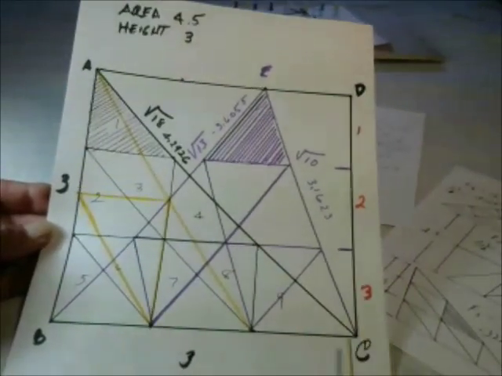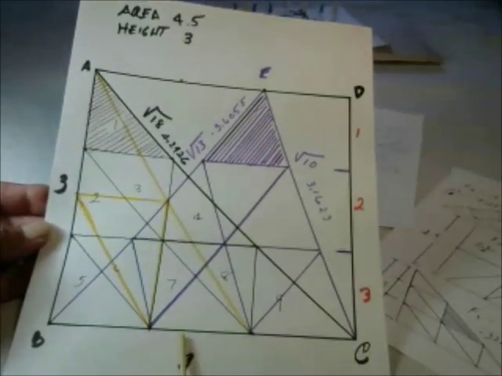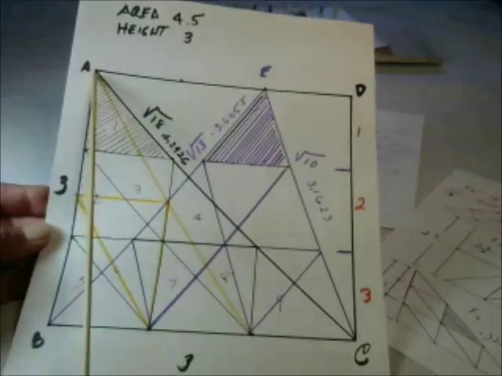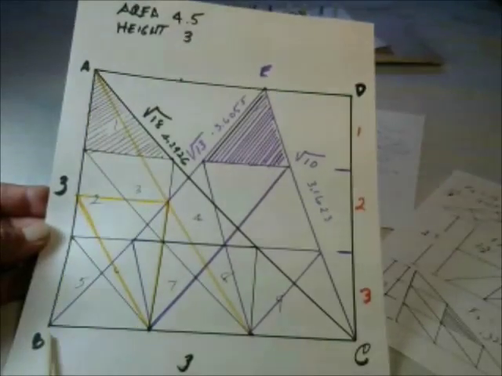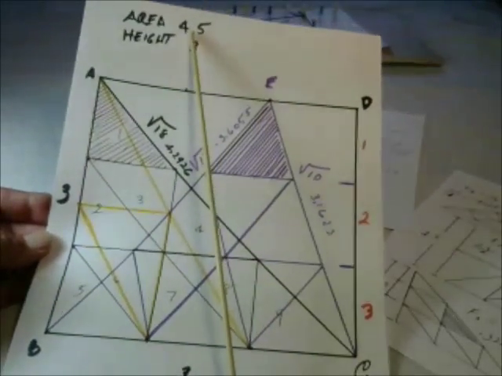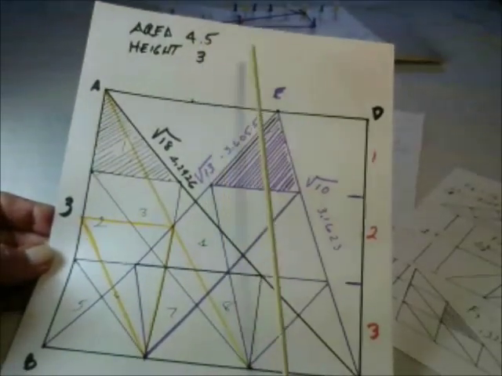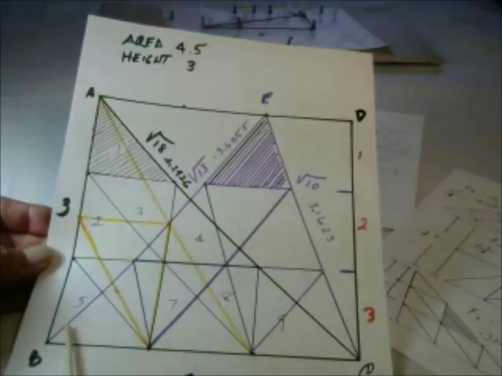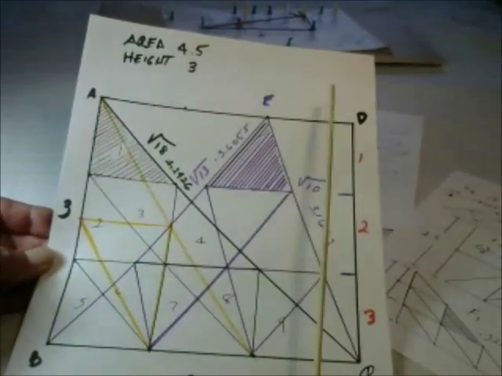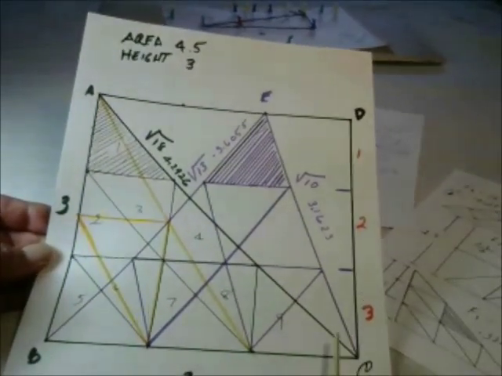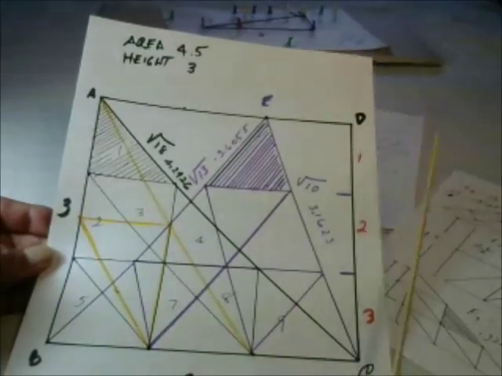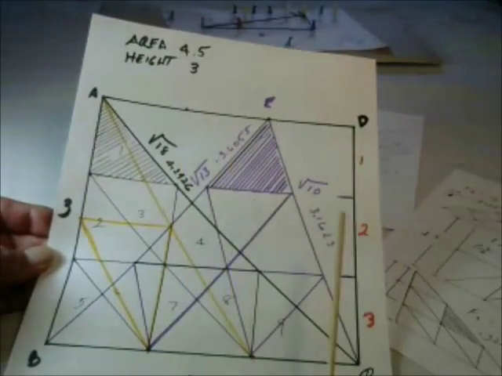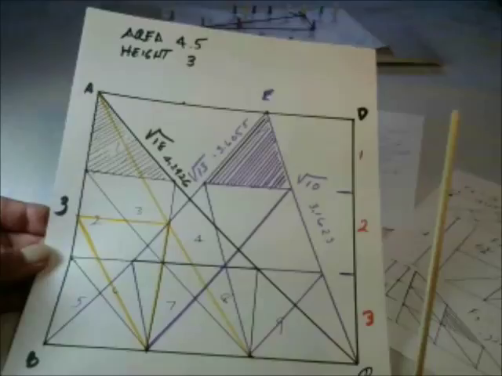So we know that the area is base times 1/2 of the height, which gives us an area of 4.5. If you want to think in terms of squares, it's base times height equals 9, 3 times 3, and the area of one triangle is half that 9, or 4.5.